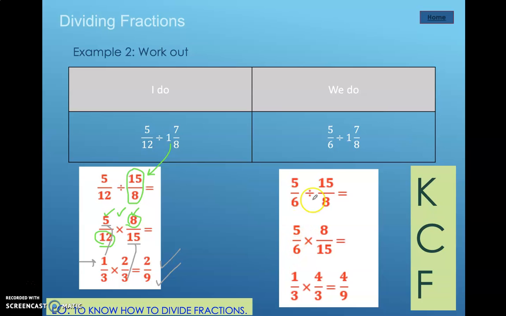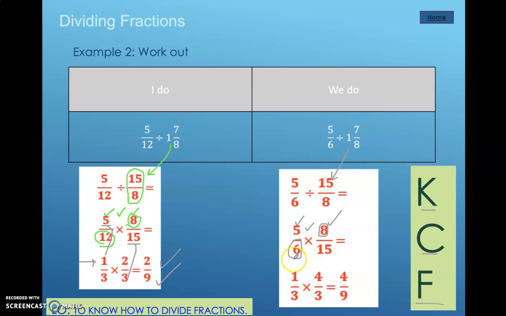So here we go. We've turned it from a mixed number to an improper fraction. We've kept the first one. We then change the symbol. Yep. And then we flip our last fraction, find its reciprocal. So then we've cross simplified.